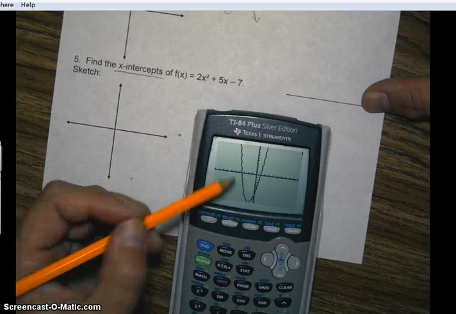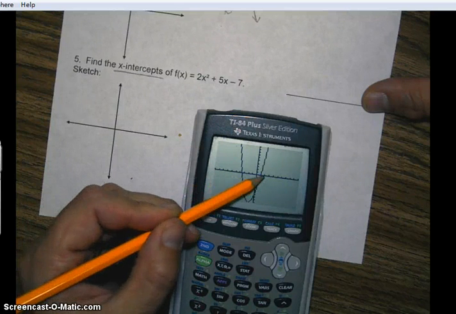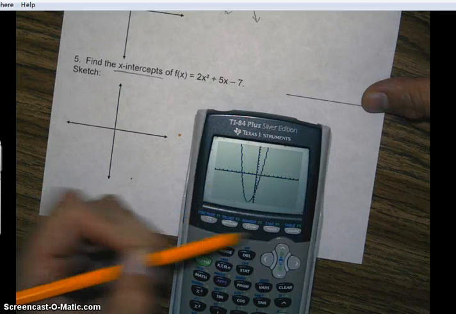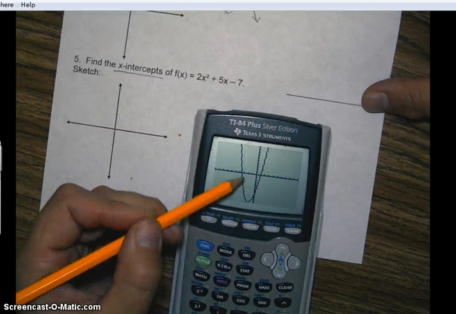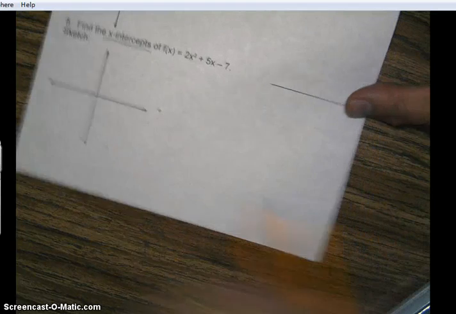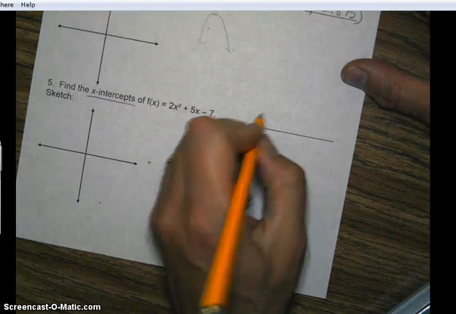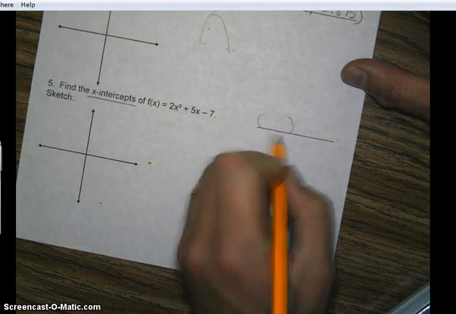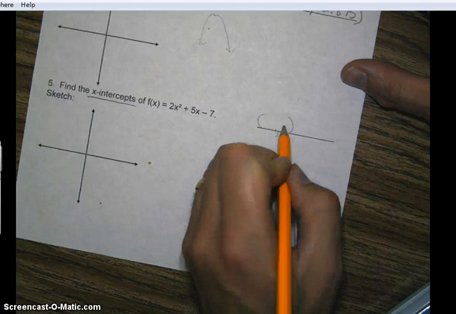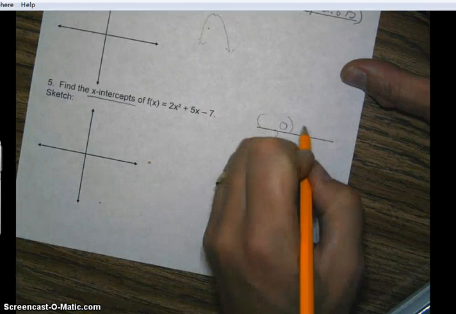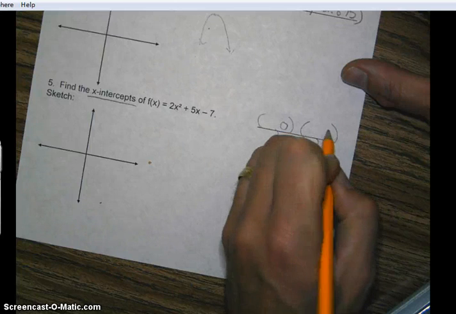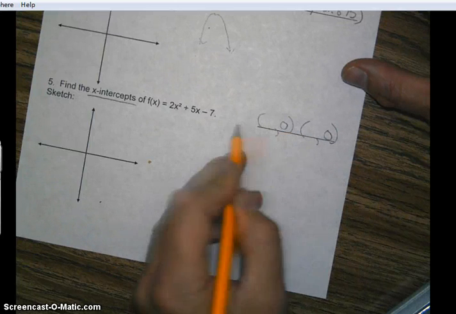All right, there they are. So we need to get these 2 x-intercepts using second calc and do the zeros. When they do ask you for x-intercepts, your answers need to be in the form of (root, 0). There's 2 of them. So you've got to calculate these 2 numbers.